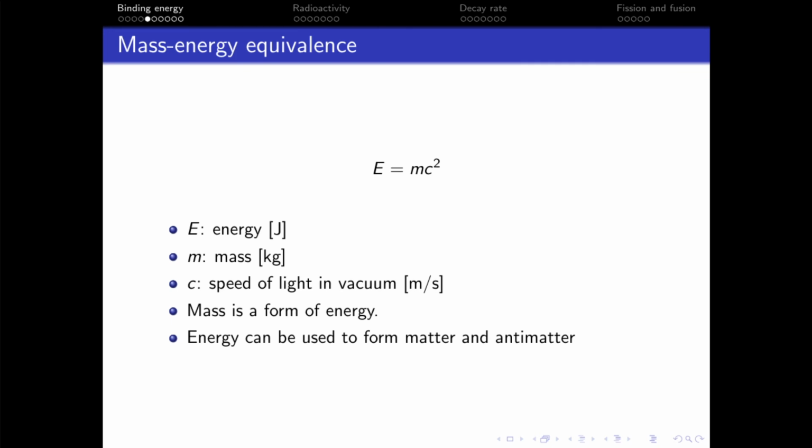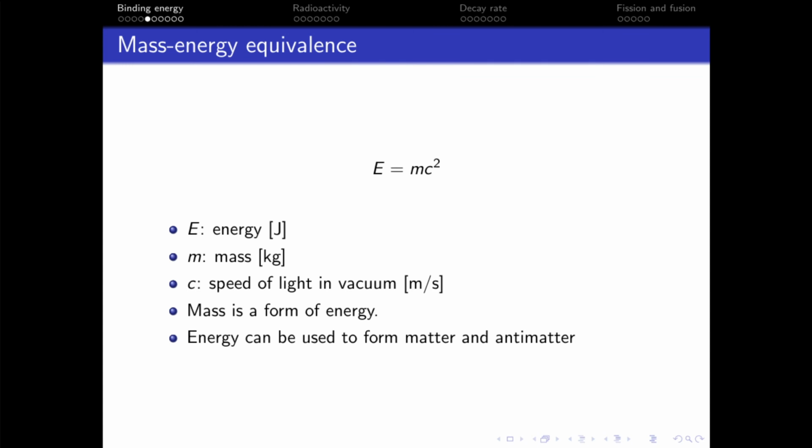Probably the most famous equation in physics, E equals mc squared. We are finally ready to talk about it. I won't demonstrate it, but we'll talk a bit about what it means, what it implies. E is the energy of a given object, m is its mass, and c is the speed of light in vacuum.